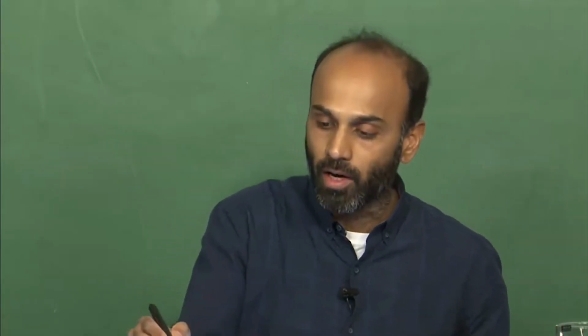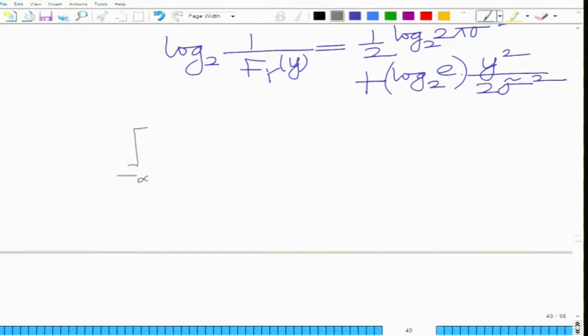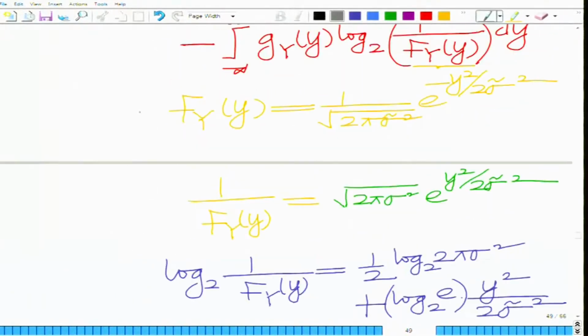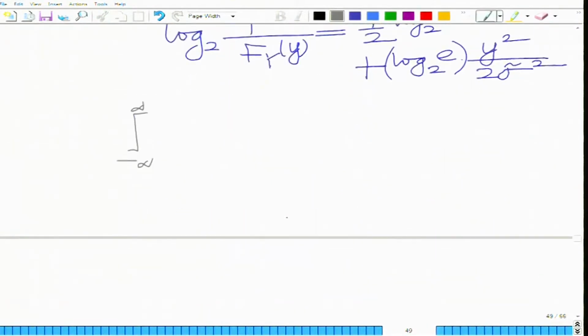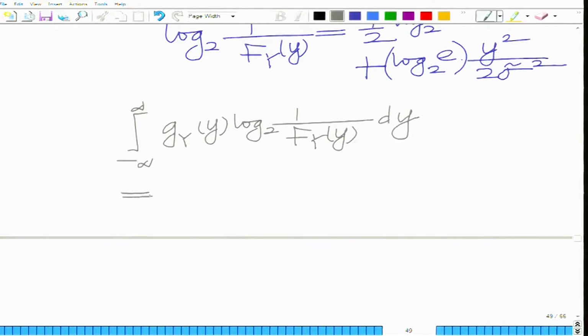Now, I am going to substitute it in that integral and evaluate that. Now, if you look at the previous integral, we are focusing on this one now. The first integral is there, focus now on this integral, which is the integral from minus infinity to infinity of gy of y log to the base 2 of 1 over fy of y dy.